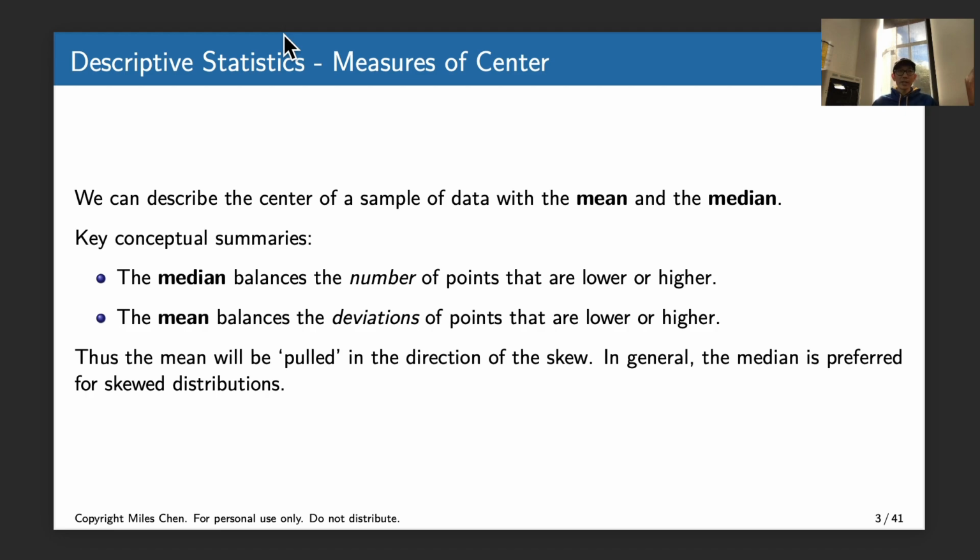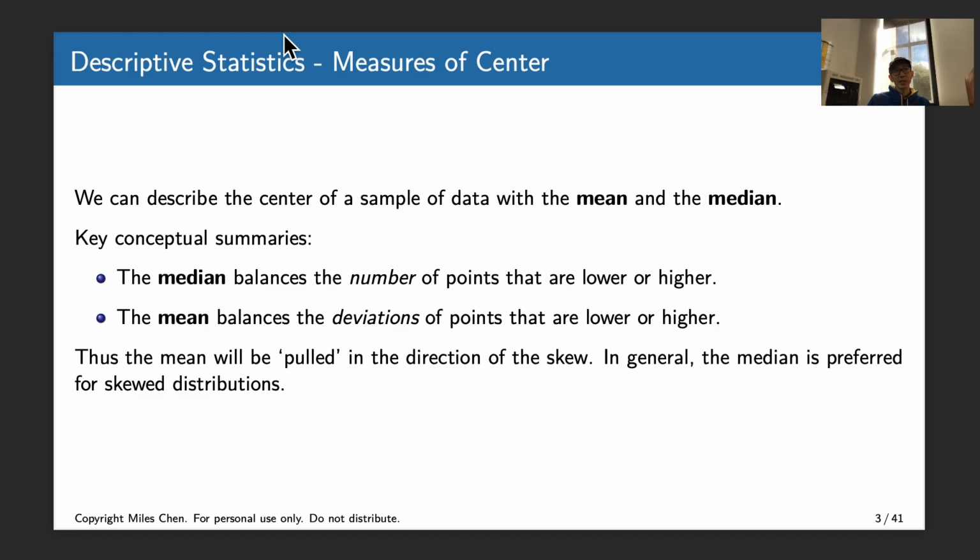The two key differences: both of these can be thought of as places that balance our data. The median balances the number of points that are lower or higher. You have the same number of values below the median as you do above it. The mean is also a balancing point, but it balances the deviations below and the deviations above.